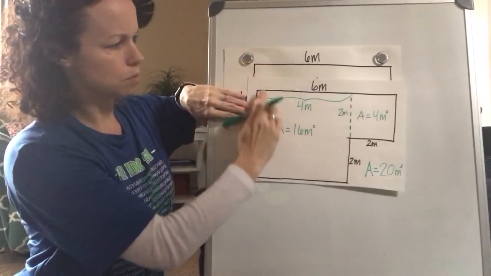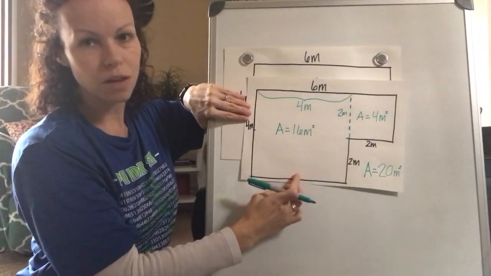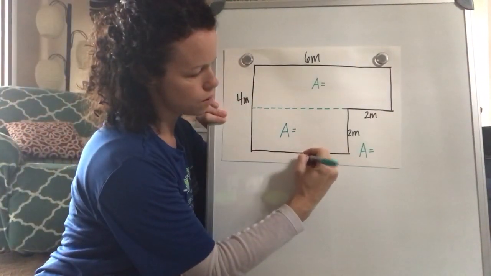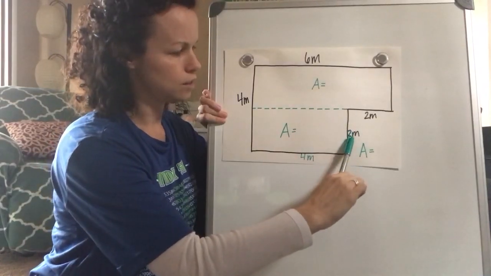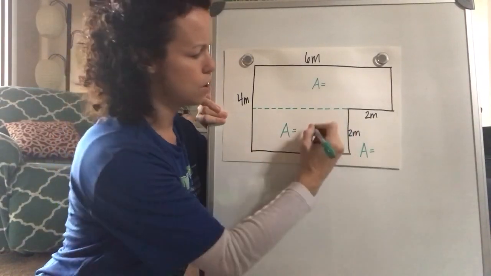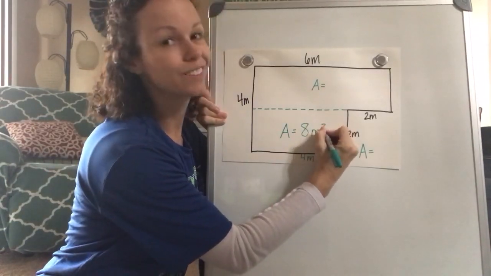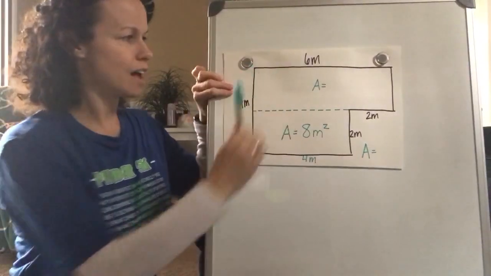Remember, we labeled this part 4 meters on our last one, which means the bottom is also 4 meters. So down here, this is 4 meters. So our area for this rectangle is 2 times 4, which was 8, and we have meters squared. I remembered that time.